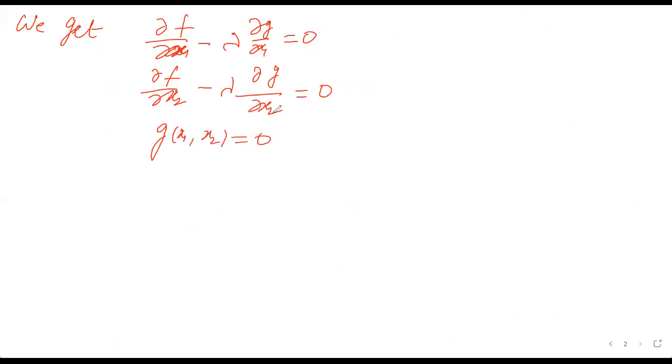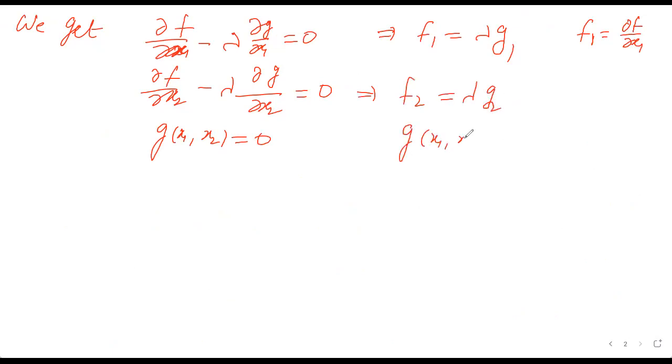ये तो कंडीशन आती थी if you remember. So this will give you, or you can say f1 is equal to lambda g1, है ना? f1 का मतलब क्या होता है? सफिक्स में 1 है, it means del f over del x1, differentiating with respect to first variable. f2 is equal to lambda g2 and g of x1, x2 is equal to 0. So these are the necessary conditions for finding stationary points and finding minimum.